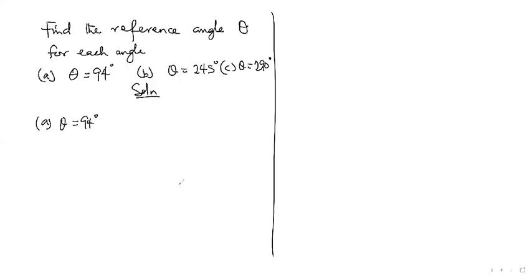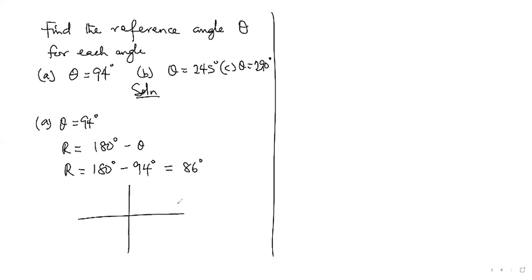And with that, we're going to use R equal to 180 degrees minus theta. R equal to 180 degrees minus 94 degrees. And with 94 degrees, you're going to get 86 degrees.